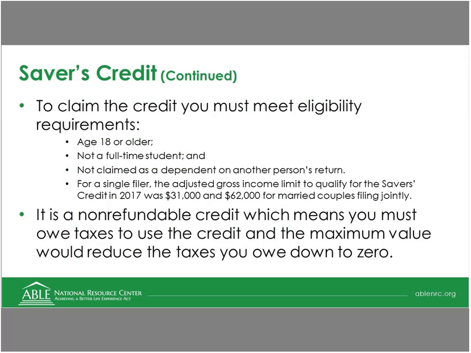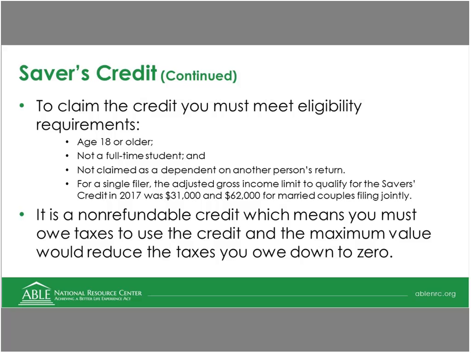Well, in order to claim the credit, you must, number one, be 18 years of age or older. You cannot be a full-time student, and you cannot be claimed as a dependent on another person's tax return. So you have to meet those three criteria, plus, of course, you have to be an ABLE account owner who is contributing into their own ABLE account.